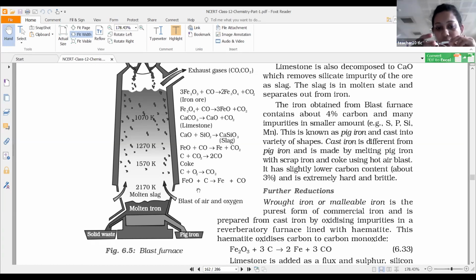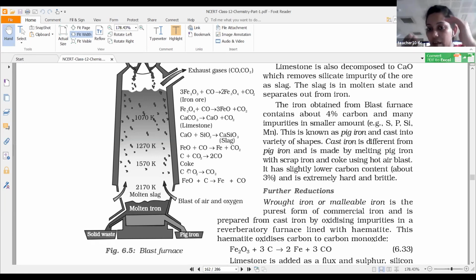This is actually a commercial extraction, so you need to add more, or the ratio will be more. Therefore, at this temperature, above 1070, when the temperature increases, you can convert that solid state to liquid. When the temperature is more, solid converts to liquid. Students, there is a specific temperature for calcium oxide.